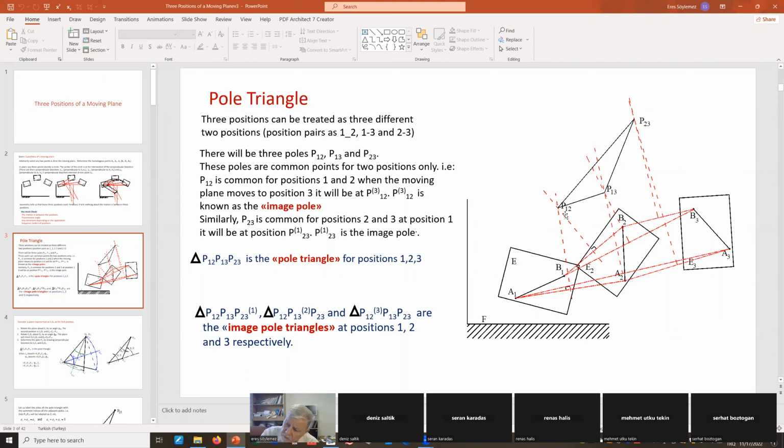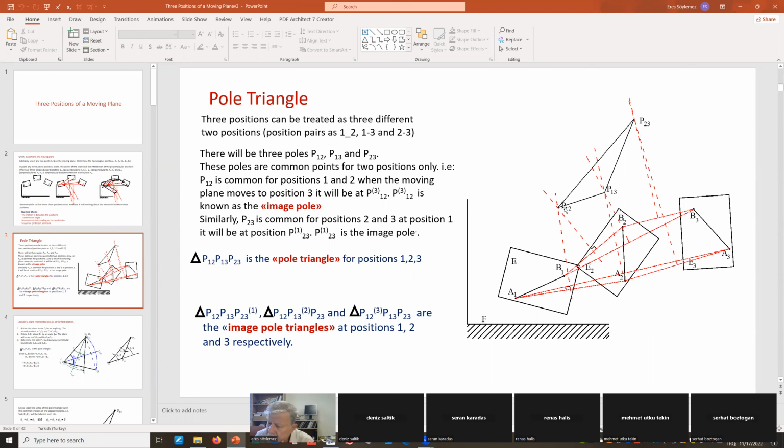When the moving plane moves back to position 1, P23 is not going to be over there. It is going to be rotated about P12 by an angle minus phi12 to come to this, or it will be rotated about P13 by an angle minus phi13. So it will move to some other location.